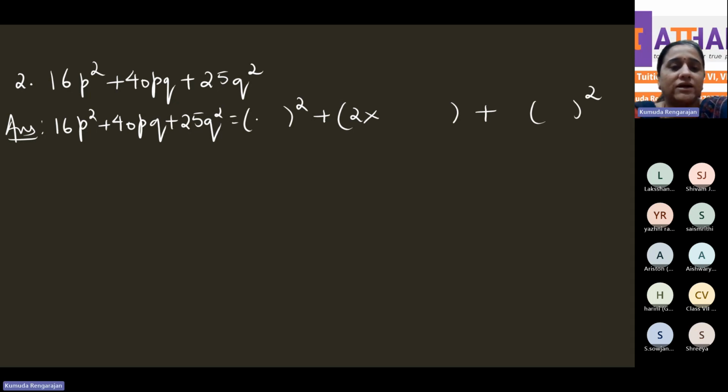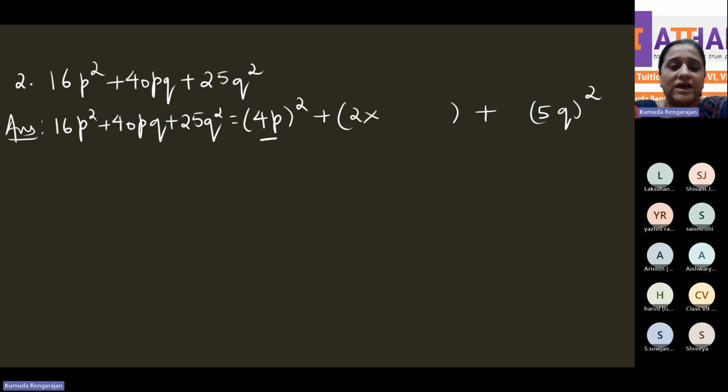So in the first bracket, 4 square is 16. You should not write 16 there. 4 square is 16. p into p is p square. So 4p into 4p is 16p square. 25 is 5 square. And q. So 5q the whole square is 5q into 5q, which is 25q square.